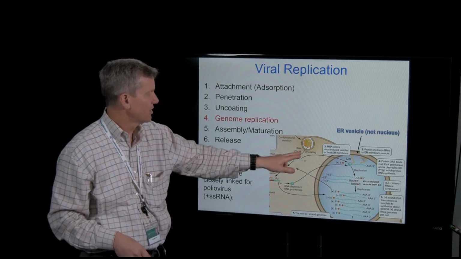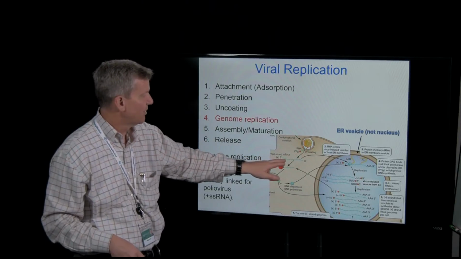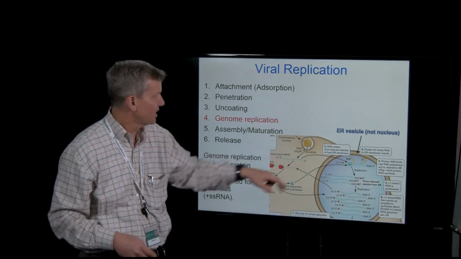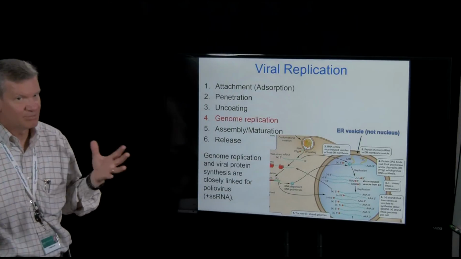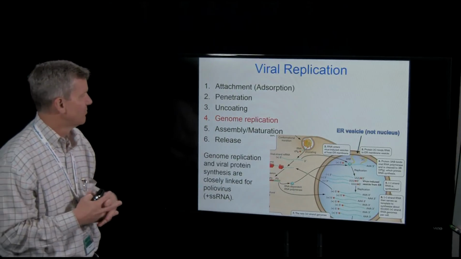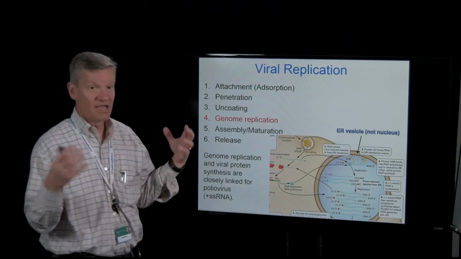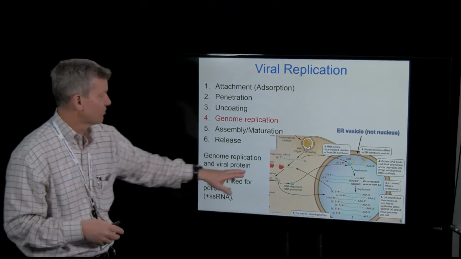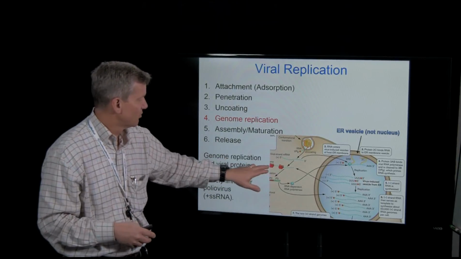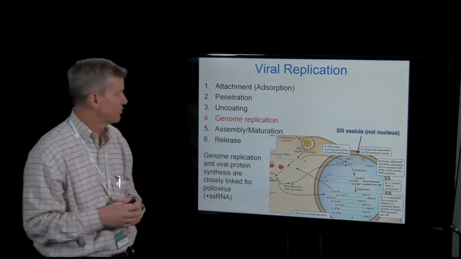This is RNA coming out of the virus. Now we have a free positive sense RNA. This is the simplest method. If it's positive sense RNA, it acts just like messenger RNA, so ribosomes hop on and start making a protein.